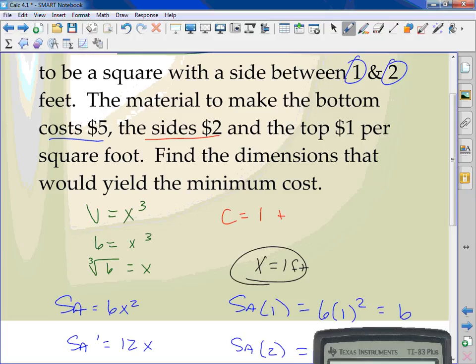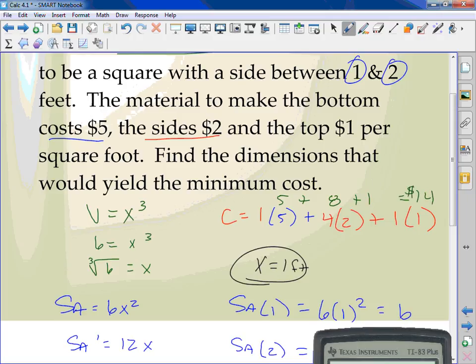We're not talking about top and bottom. 4. So it's 1 times 5 plus 4 sides times 2 plus, and there's only one top times $1. So I have 5 plus 8 plus 1. $14 to make the box.